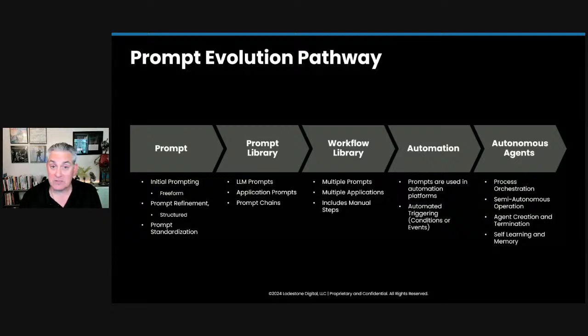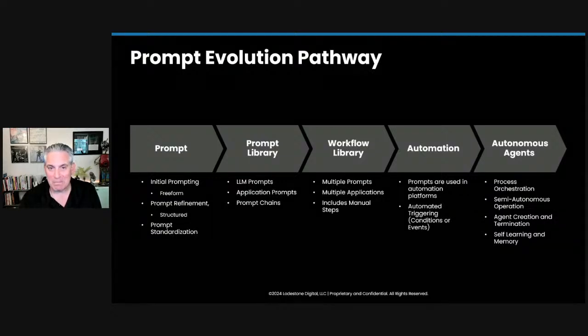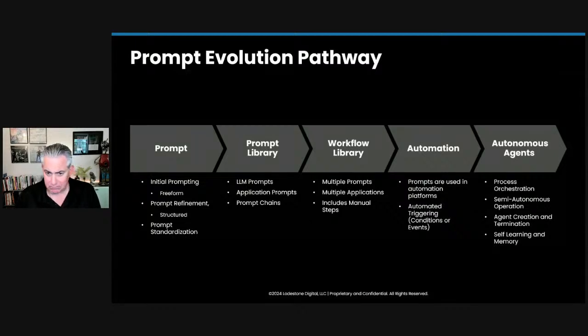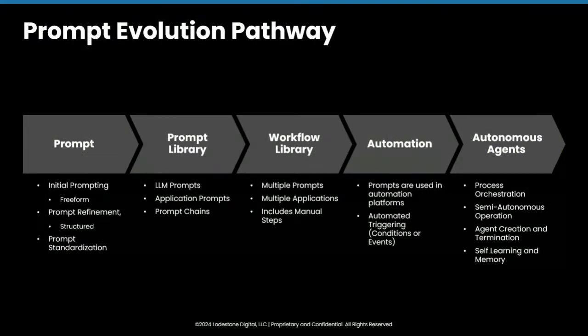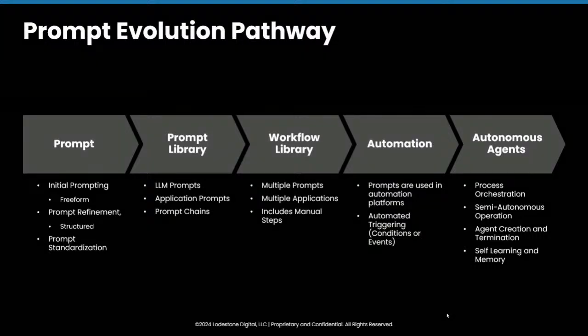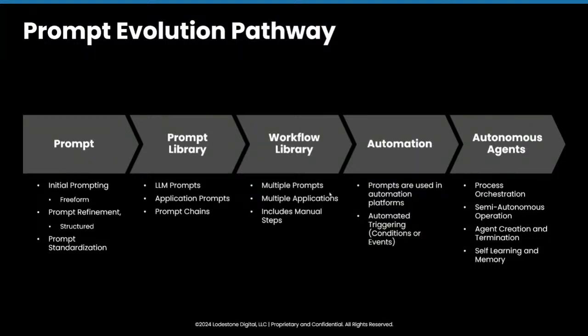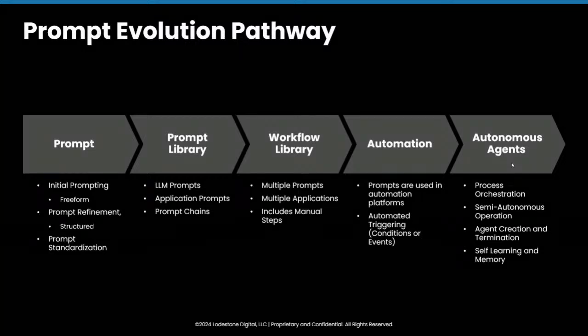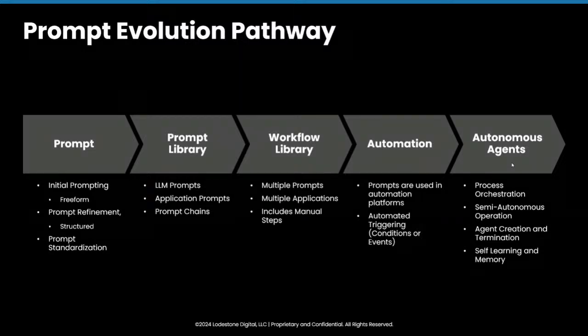You use prompts in there, depending upon the text or images or even avatar that you're trying to create. And you'll notice that over on the left-hand side, you start with a prompt, and the prompt evolves and you put it into a prompt library, and eventually there's a workflow library with a whole bunch of different prompts inside there. And then you get to automations and you eventually have agents or autonomous agents doing things for you, right?